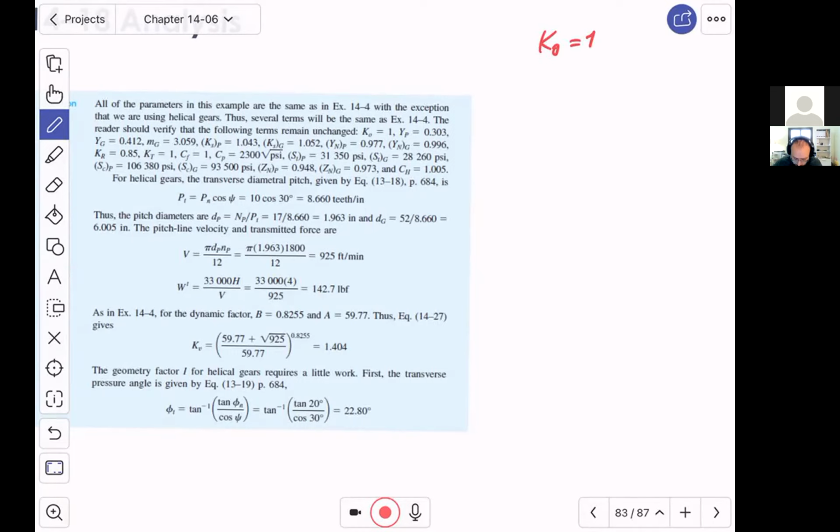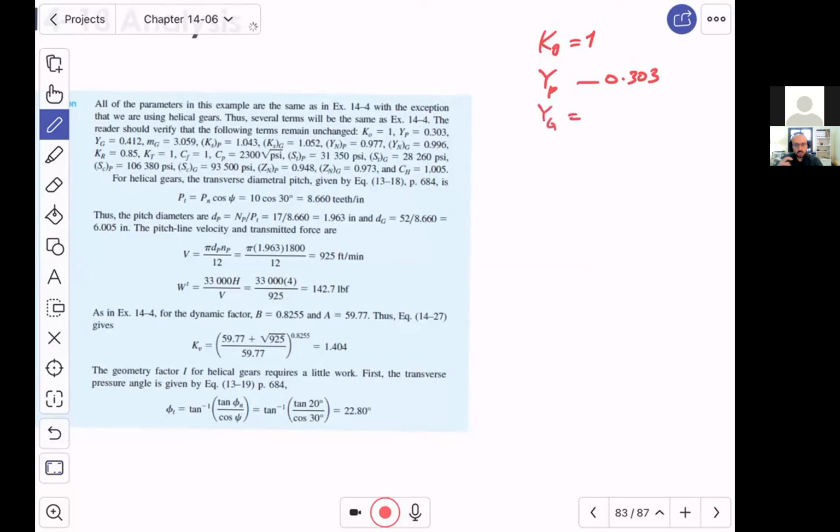Then YP, you remember Y, which was 0.303. The lowest factor will still be the same. Why? It is dependent on the number of teeth. The number of teeth did not change because I changed the gear into a helical gear. So YP is 0.303. What is Y gear?